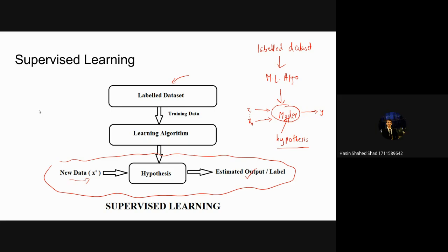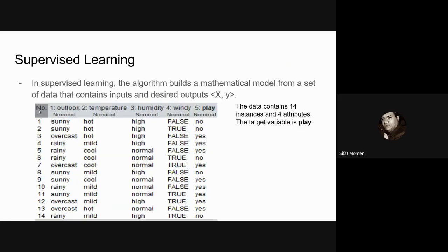Could you please explain the labeled data set again? A labeled data set is a data set where there is x and there is y. That means for each of the samples, we also have the correct answer that we are trying to predict. Is that clear? Yes, sir. Clear.